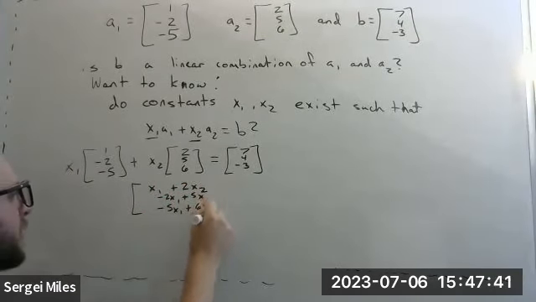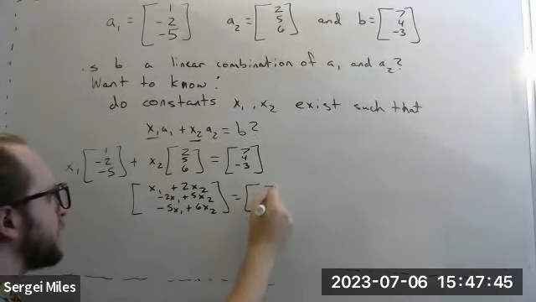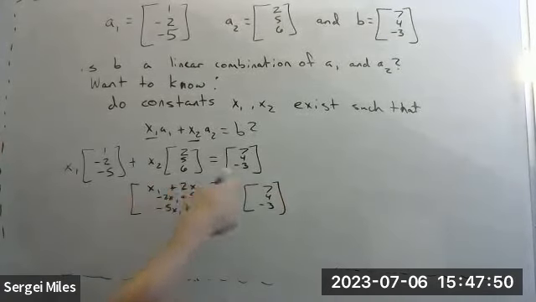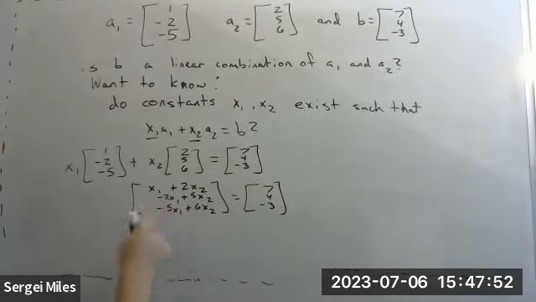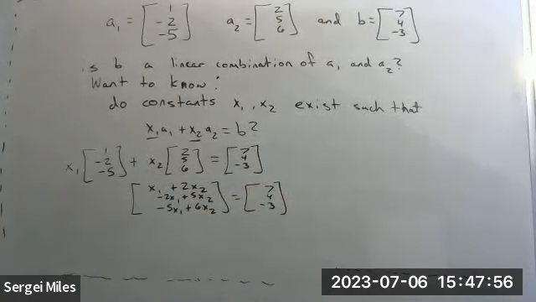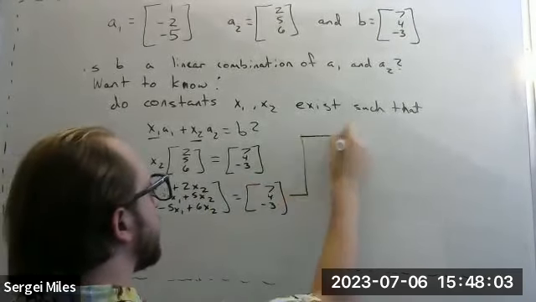Well, this question is the same thing as asking, does a solution exist for this system of linear equations? I have one equation equal to 7, a second equation equal to 4, a third equation equal to -3. This is a system of linear equations, which we already know from yesterday's class.